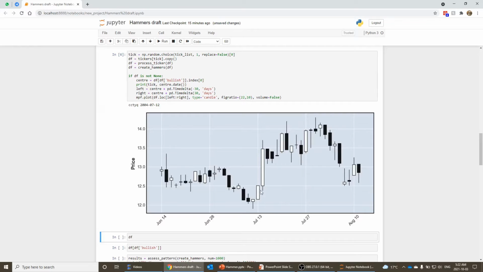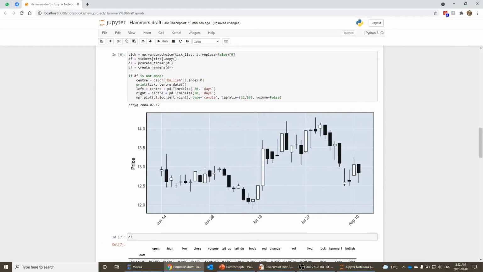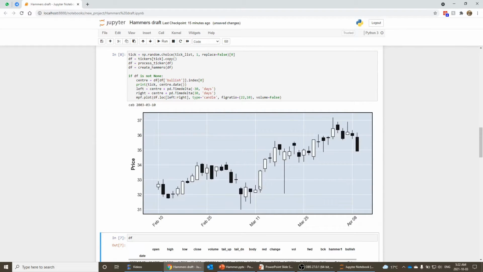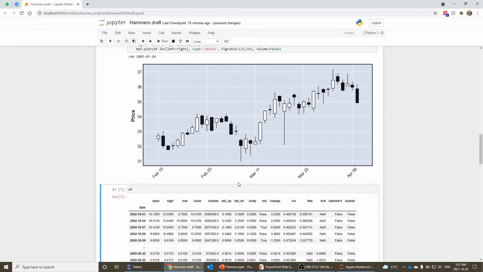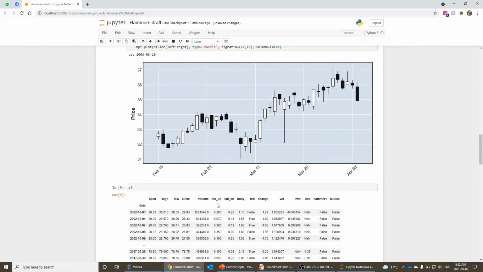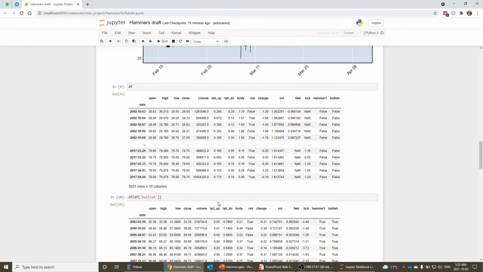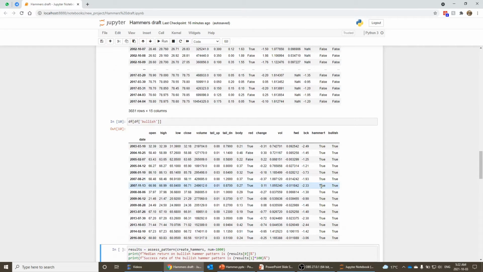So we have a hammer over here. And then again we have a hammer over here, and so on. But that's not the only hammer for this stock. I'm looking for them since 2002, if the stock was listed back then, and I'm also identifying all the buy signals since then.